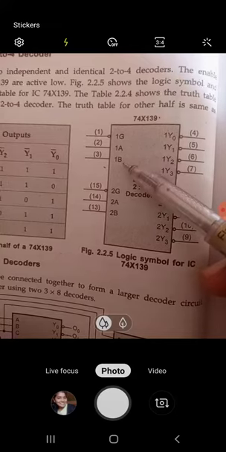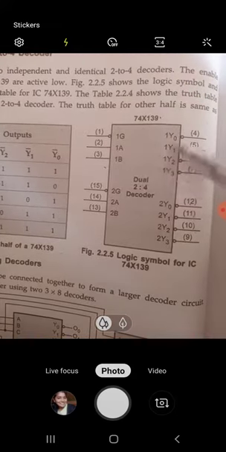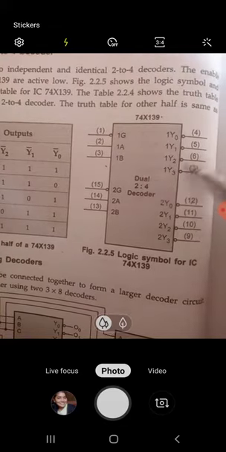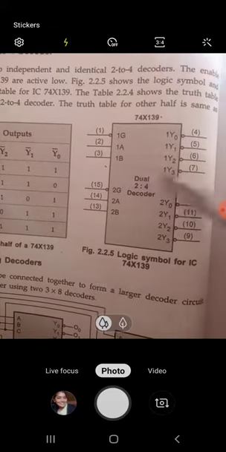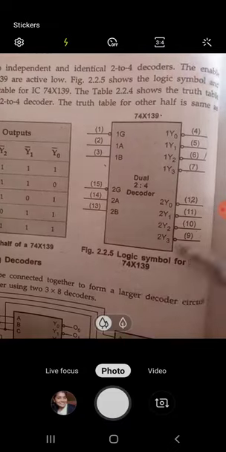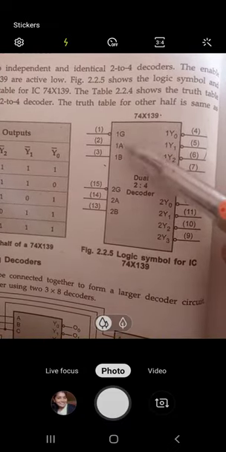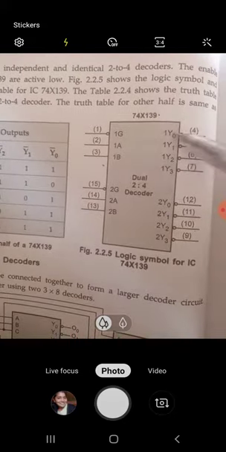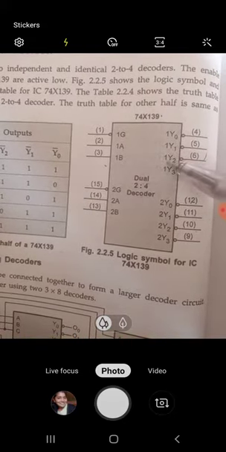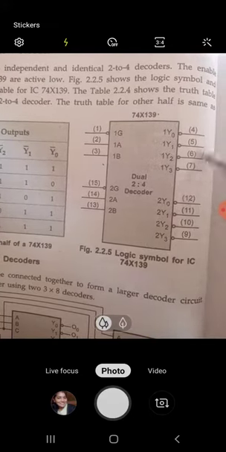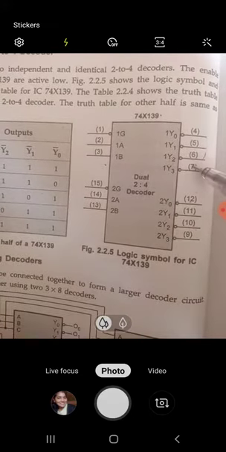What do you have over here? A, B. We have written 1 over here, because this is the first gate. This is the first gate's inputs and this is the second gate's inputs. 1A, 1B are the first decoder's inputs. 1y0, 1y1, 1y2, 1y3 are the outputs of your first decoder.